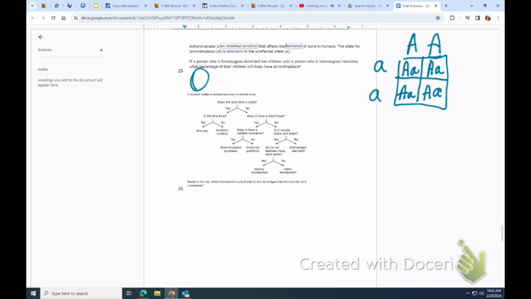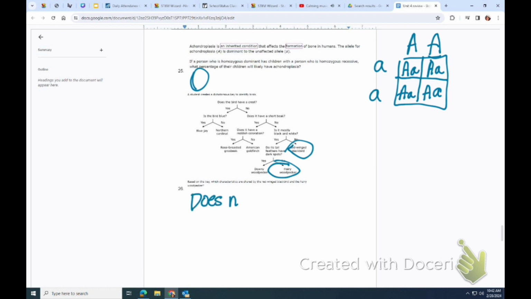Next one, we have to look at this diagram and which characteristics are shared by the red-winged blackbird, which is right here, and the hairy woodpecker, which is right here. So the way to do this is to go back up and find what they have in common. What is it, Alex? They don't have crest and they don't have short beak. Perfect.